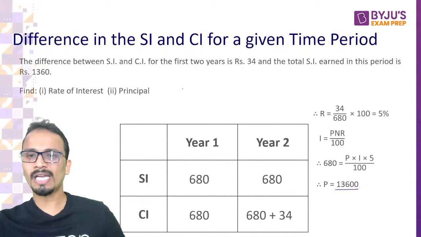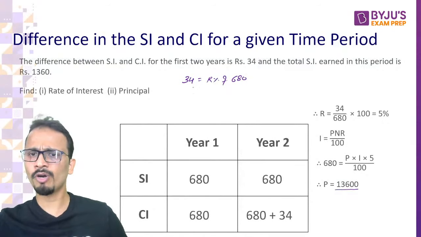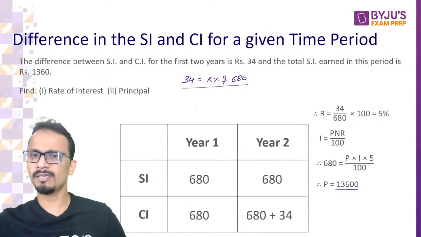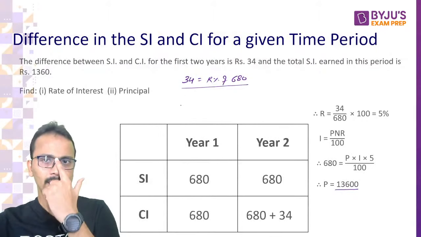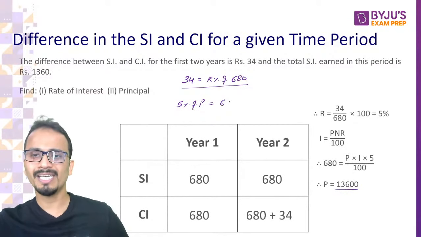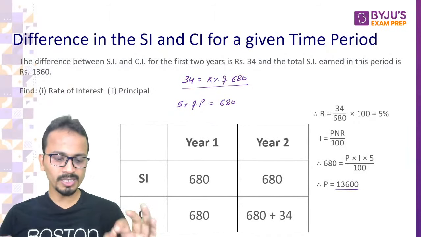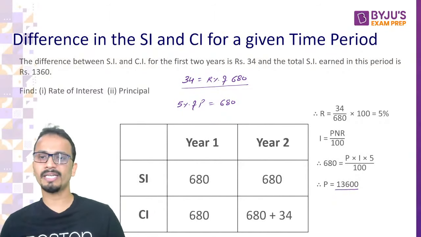So what I have done is I have just written two things, 34 as R percent of interest of first year. From here you can get the value of R. Secondly, I have written that 5% of principal is equal to the interest of first year. That's it. So this is what is required here to get the correct answers.